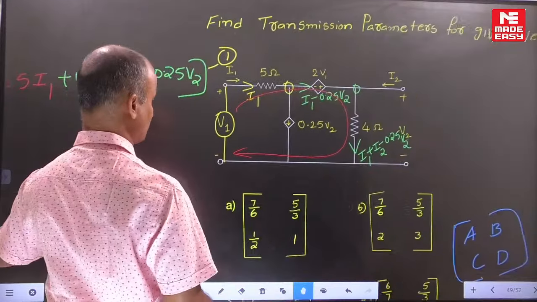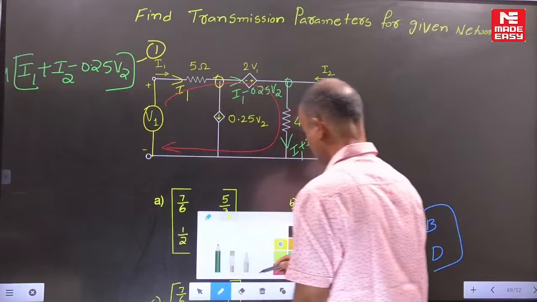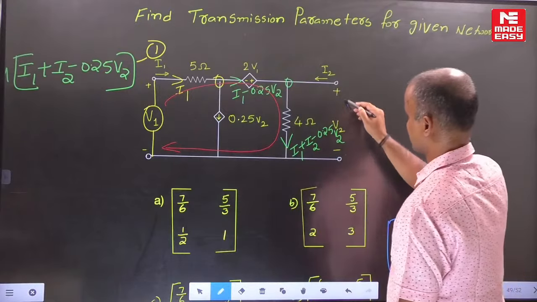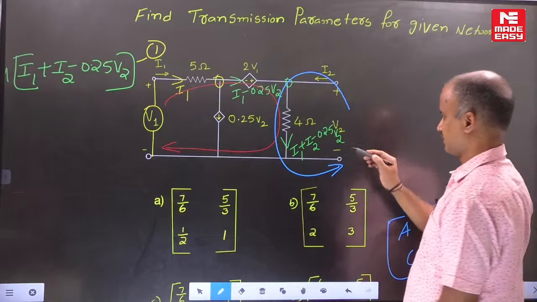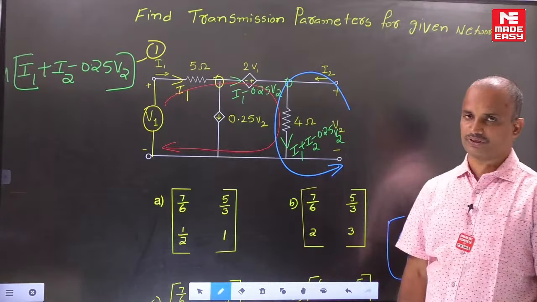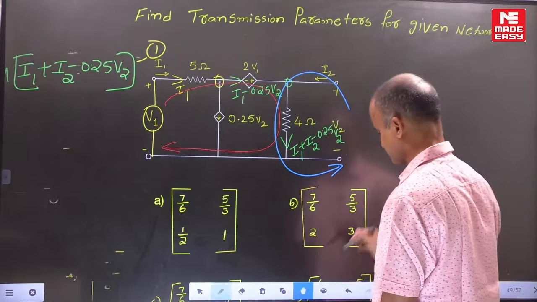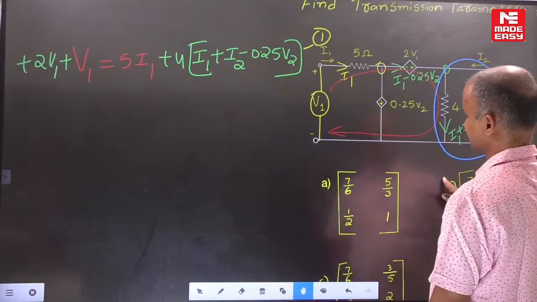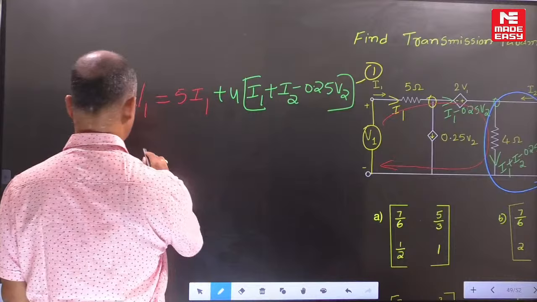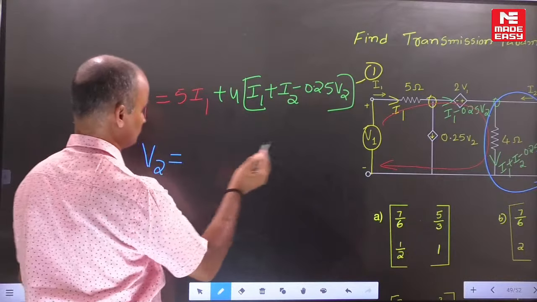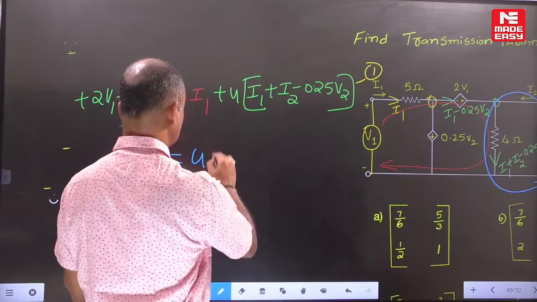Now the second equation, can you write it in this direction? Going from lower potential to higher potential is a voltage rise. Now V2 equals, what is the resistance here? 4.